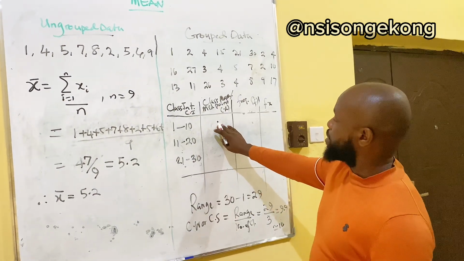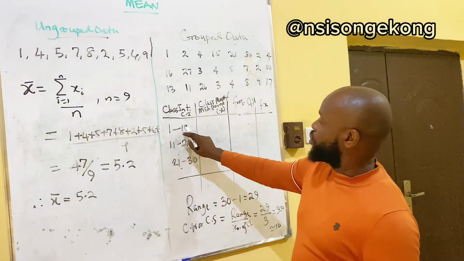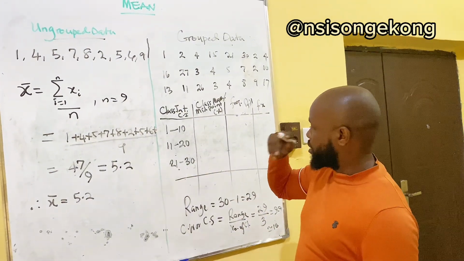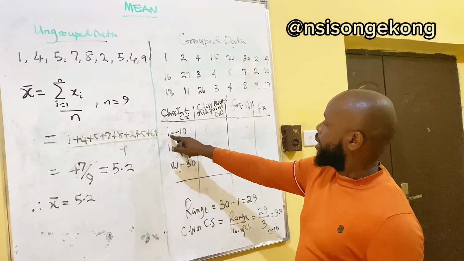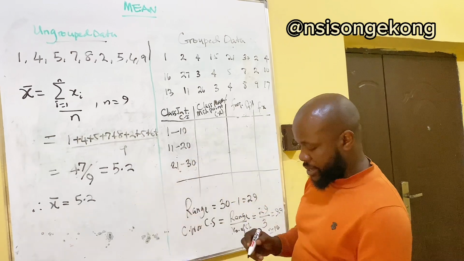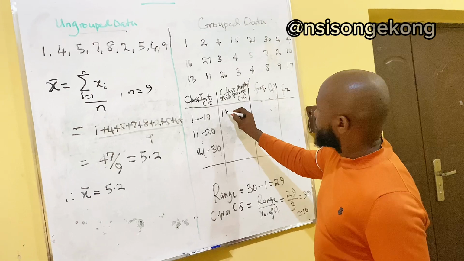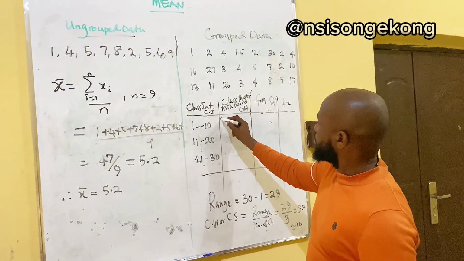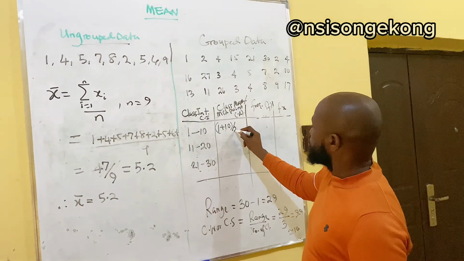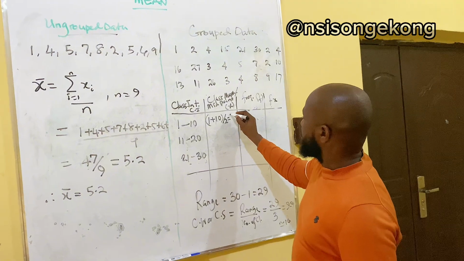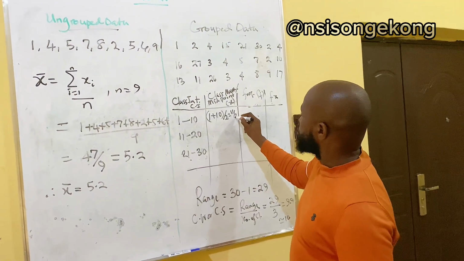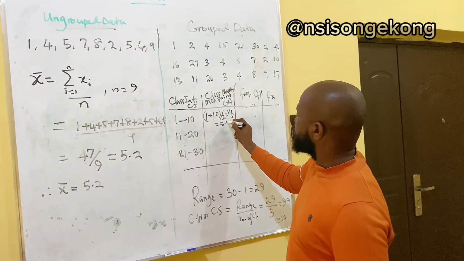The midpoint is simply the average of these two boundaries, the lower class boundary and the upper class boundary. Simply 1 plus 10 divided by 2, and that is 11 over 2, which is 5.5.